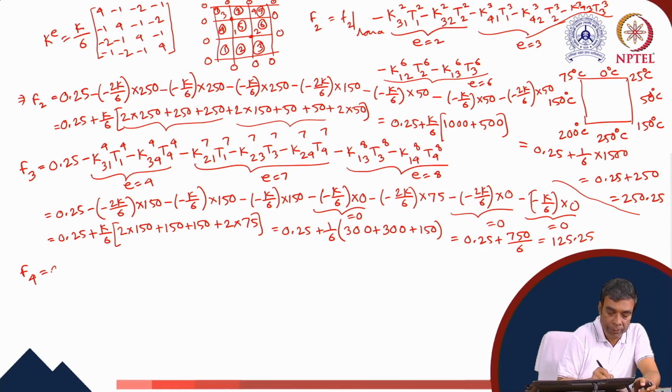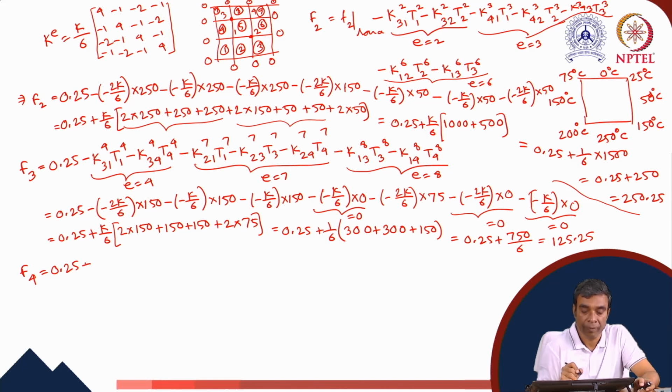Now we are having the last term, the F4 term. F4 equals to 0.25 minus, for the F4, this is the location. So we have contribution from elements 6, 8 and 9. So let us first consider element 6. For element 6, I equals to 4 and B equals to 2 and 3.